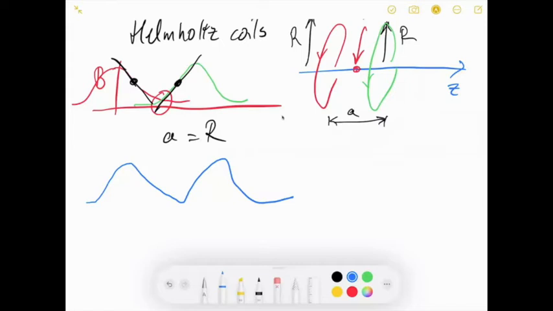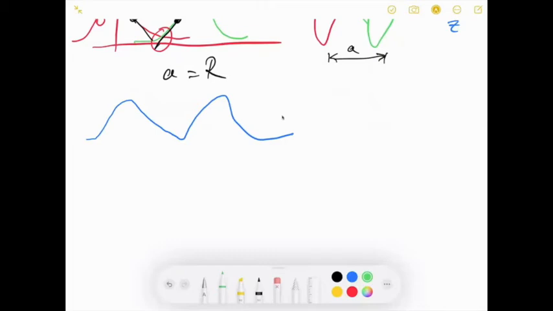That's when they're far away, all right? And then when they're too close, you get this. So when it's just right, you get something like this. So somewhere in the middle.